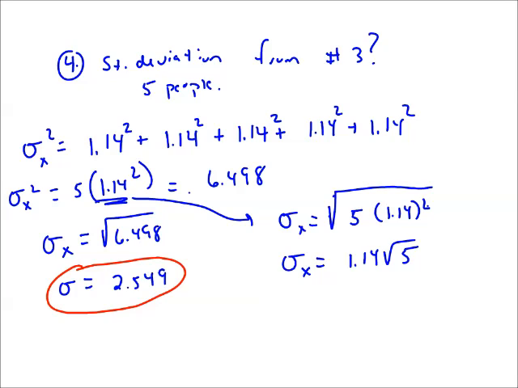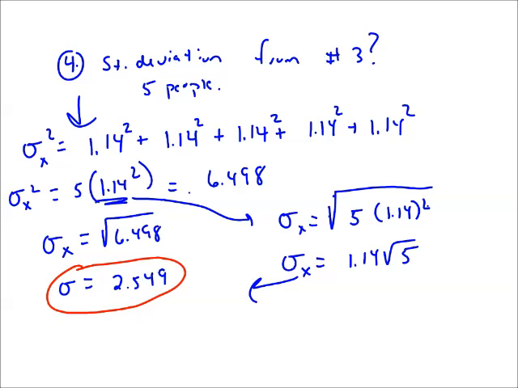So to find the standard deviation, it really just takes your standard deviation of 1 times the square root of how many you select, and you'll get the same answer. So that's a little slick way of looking at it. If you don't quite understand that, that's okay. Just make sure you understand this part, though.